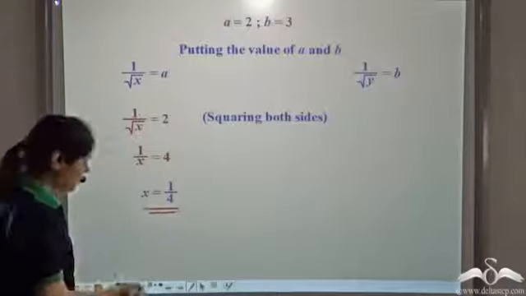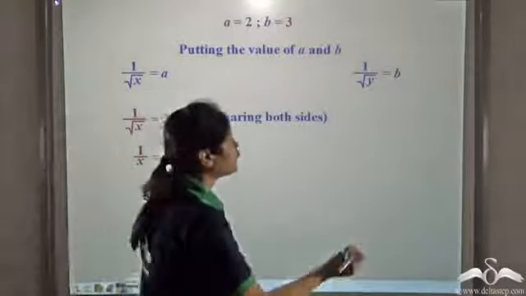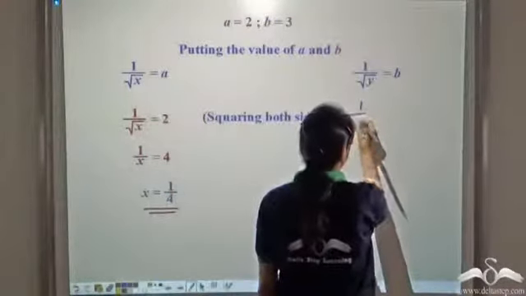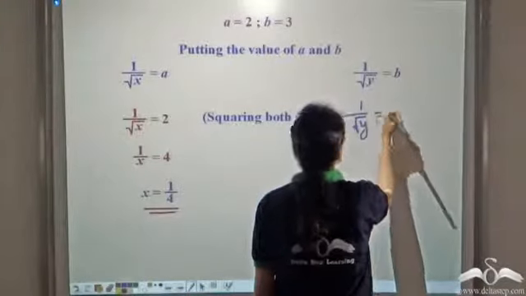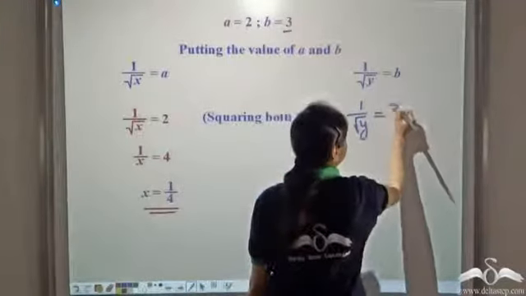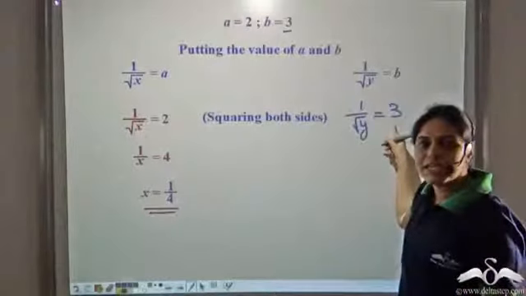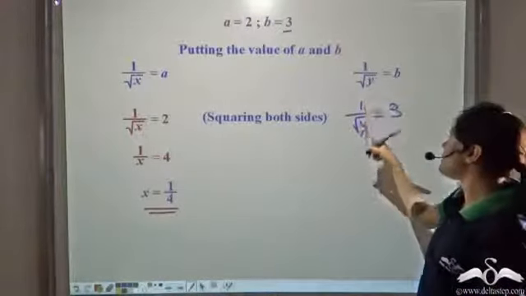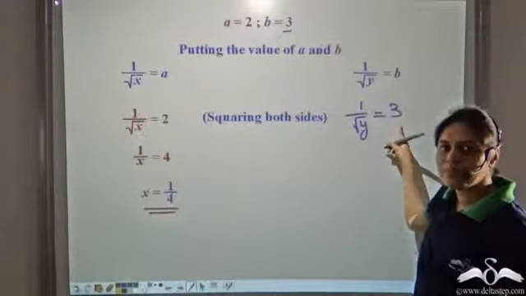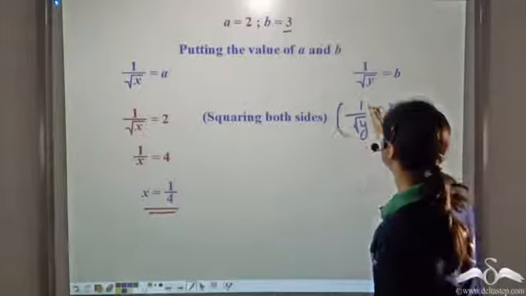Now let us solve for y. 1 by root y is equal to b. b is 3. So we have got b as 3. So 1 by root y is equal to 3. Now square both the sides.